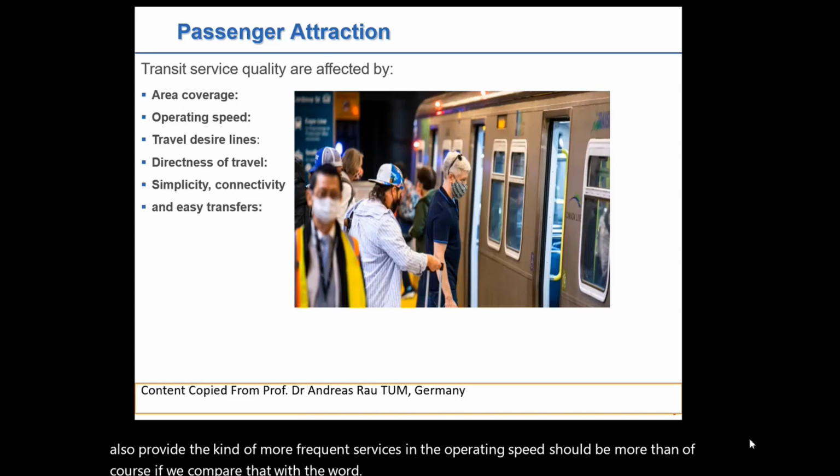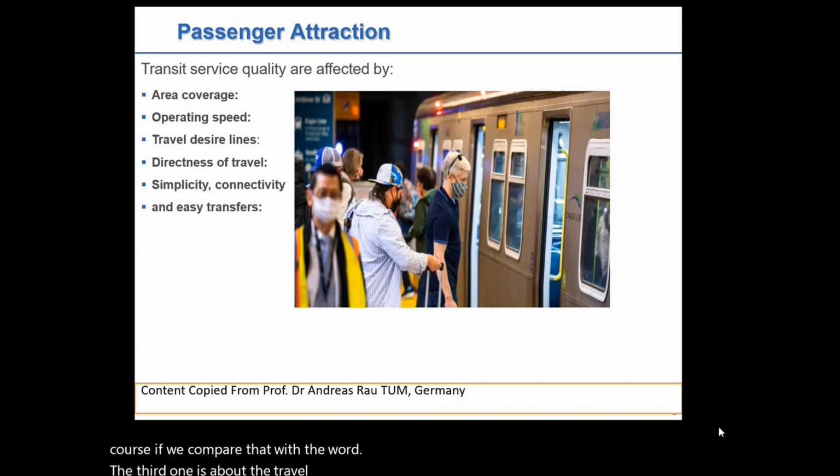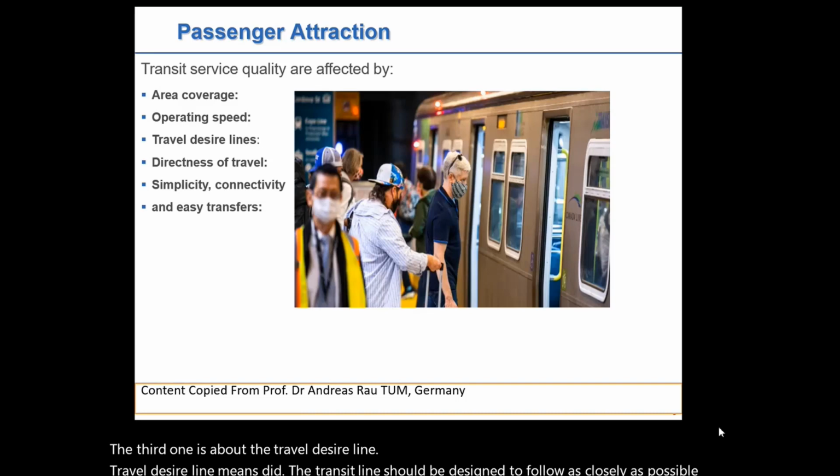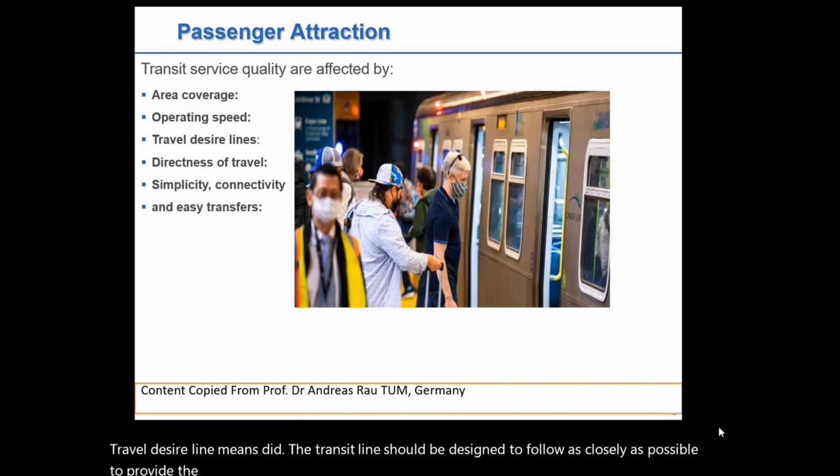The third one is about the travel desire line. The transit line should be designed to follow as closely as possible the direct origin to destination pattern of travel.